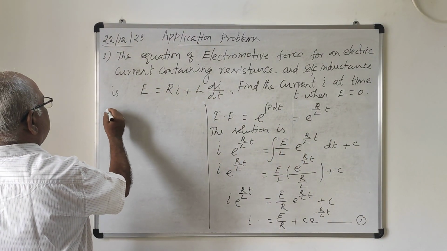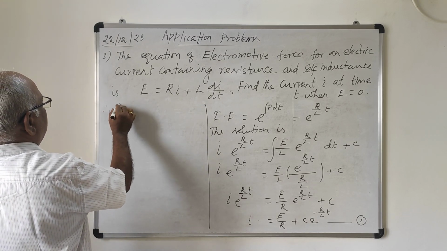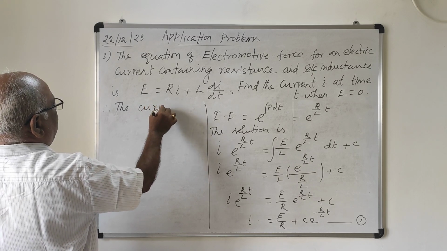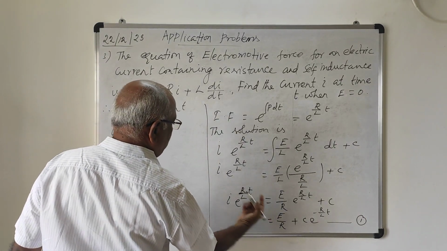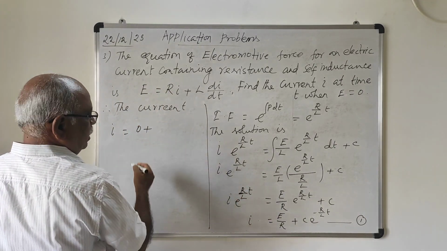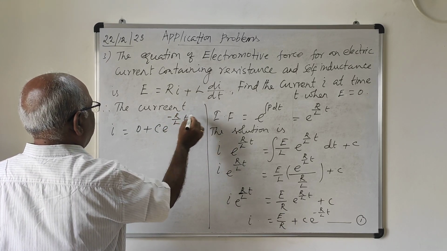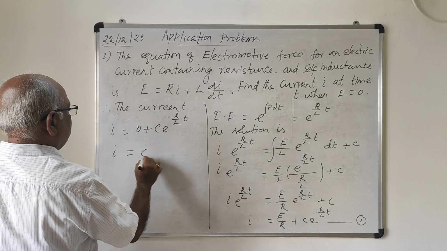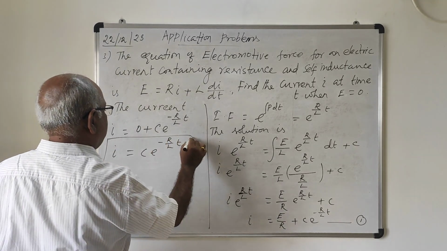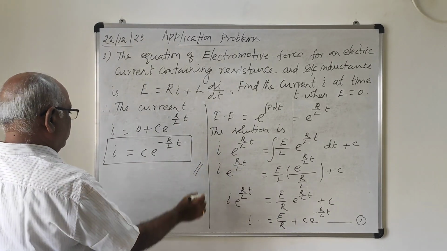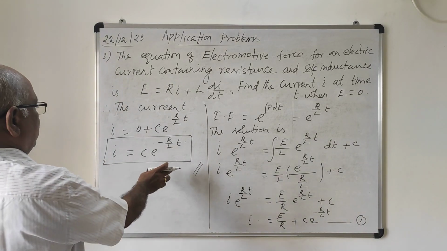So the current I when E equals 0 is, with the E term becoming 0, I equal to c into e power minus R by L t. This is our required current. That's all about the problem: c into e power minus R by L t.